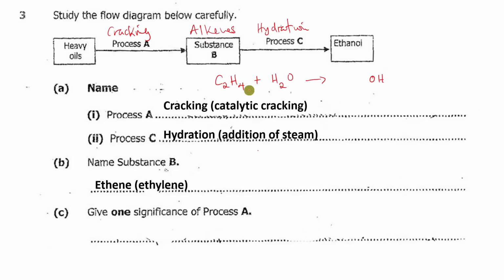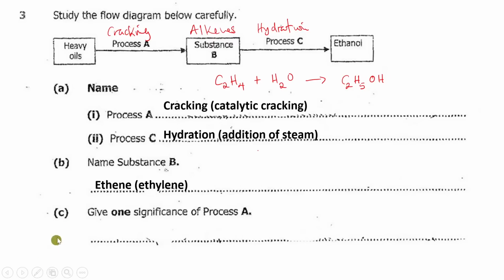So one H is added to this, so it will be C2H5. That's how it occurs. So one hydrogen comes here to form 5, then C2, then you have the OH. That's how ethene can directly give us ethanol.